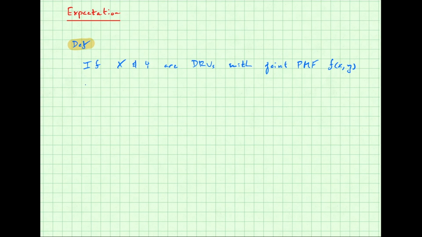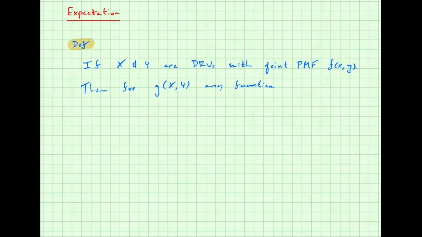So let g of x and y just be any function. Let's rewrite this. Sorry about that. So for any g of x and y.